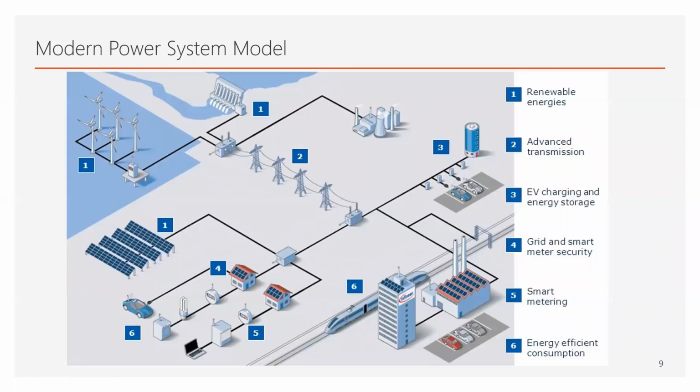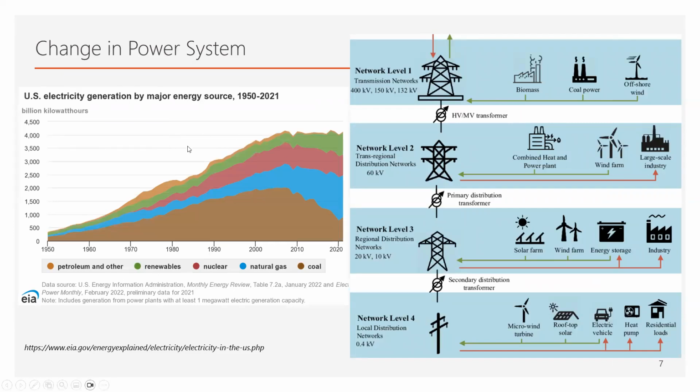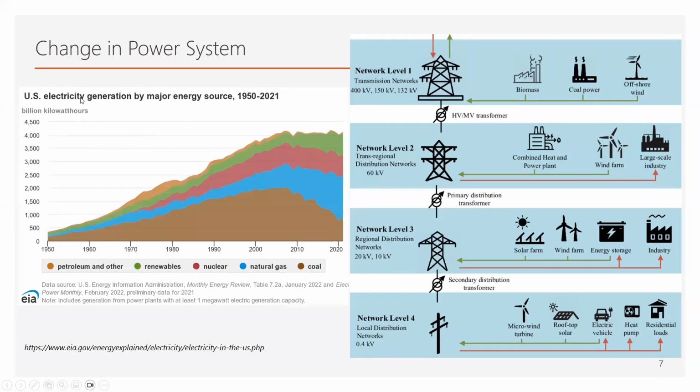Okay, I must have actually missed one of the slides. This is the slide I have talked about, and I haven't talked about this one. So what is this? It is the electric generation in billion kilowatts by major energy source from 1950 to 2021.